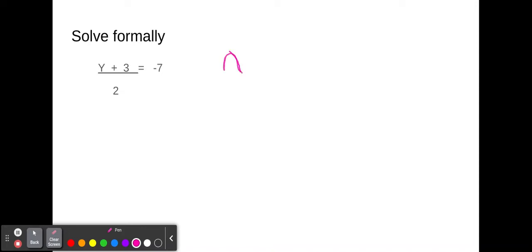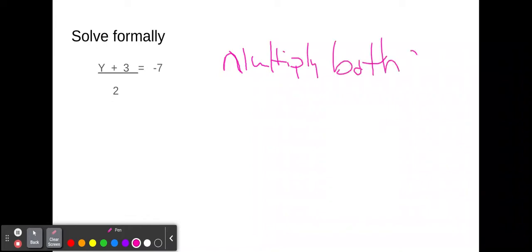So we're going to multiply both sides of our equation by the 2. Again, it's order of operations backwards, which means if we knew what y was, we would add 3 to it first and then divide. So we're going to do that.